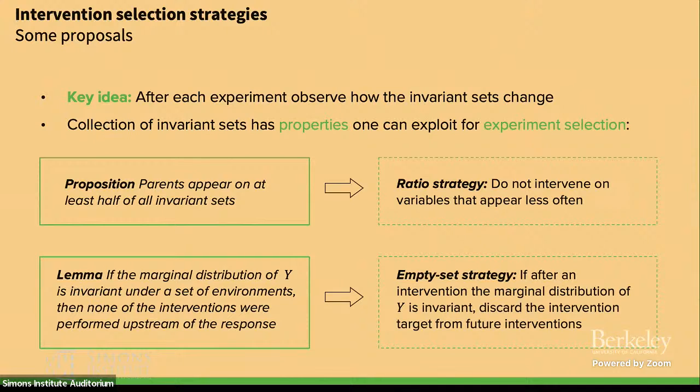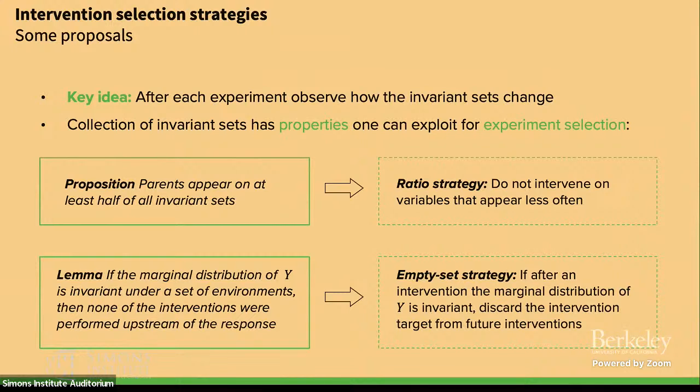So we would not intervene on that variable again. In practice, we would assume we have some observational environment where we know there are no interventions, and then we can always contrast that environment with the latest intervention, and evaluate based on these two environments.